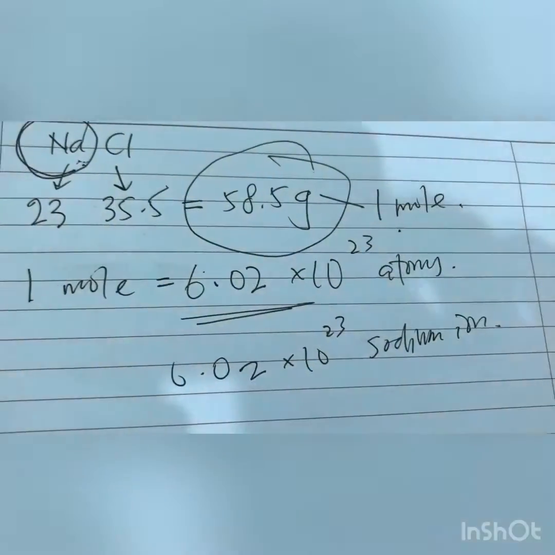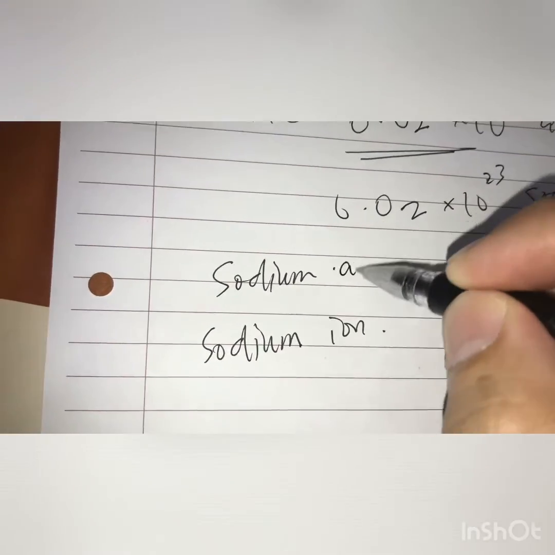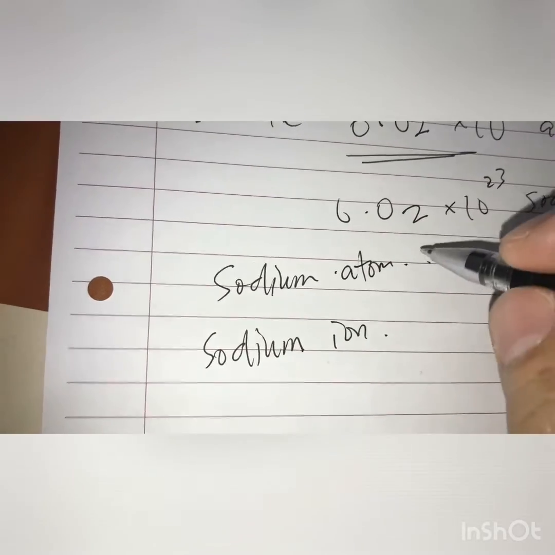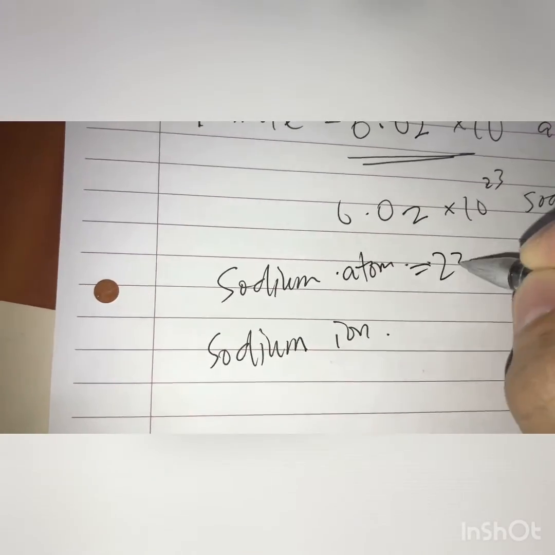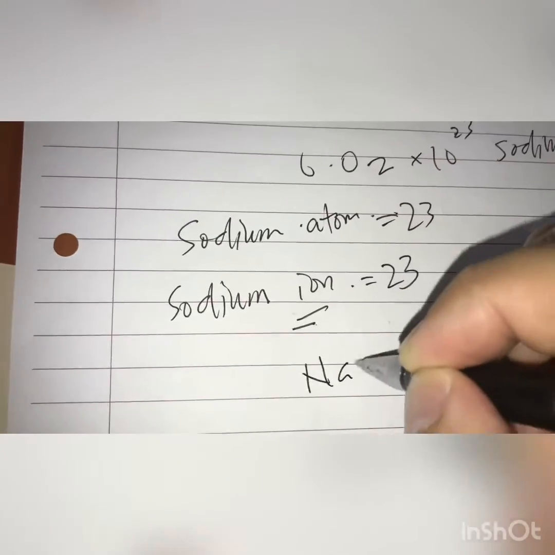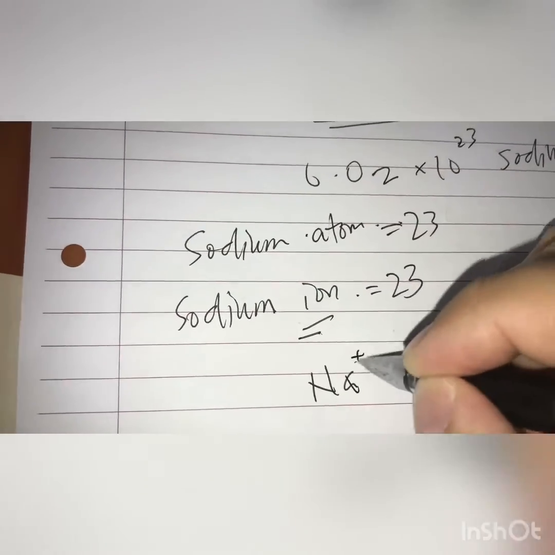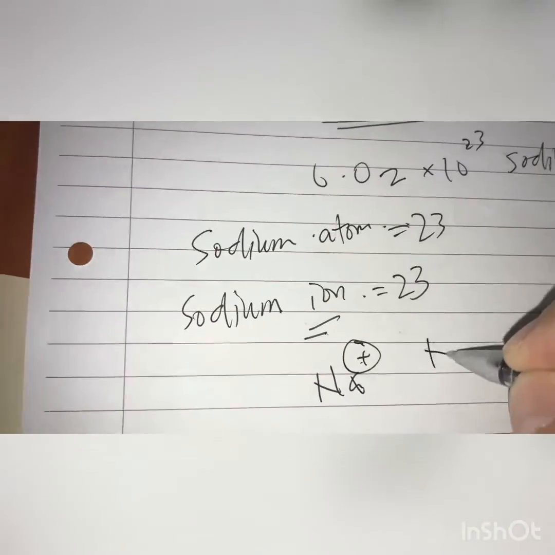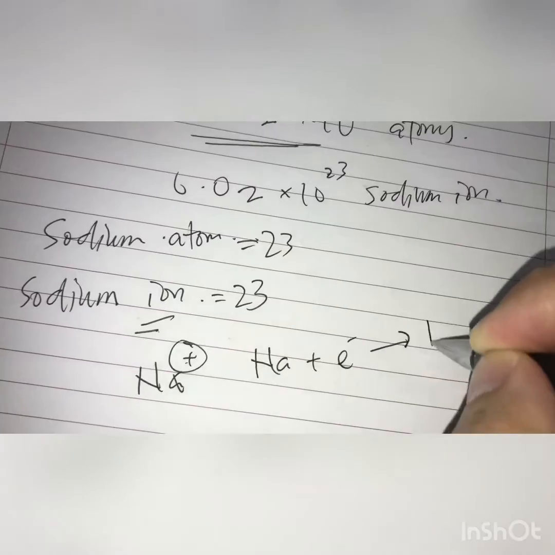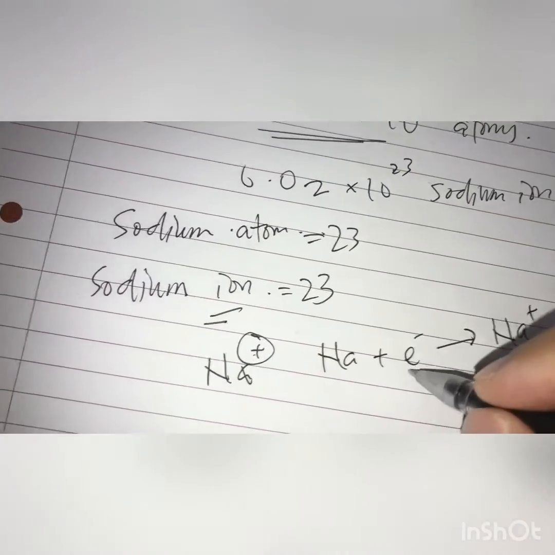Regardless, sodium atom and sodium ion, what is the difference? Actually, the atomic mass is the same. This one is 23 and this one also is 23. Ion means it lost 1 electron. Sodium lost 1 electron, becomes sodium ion.